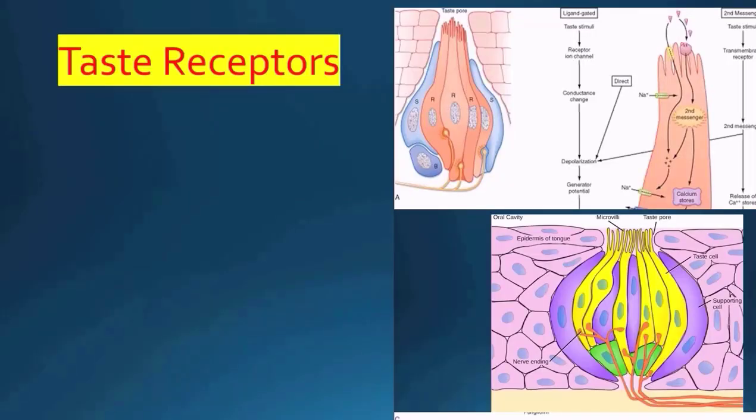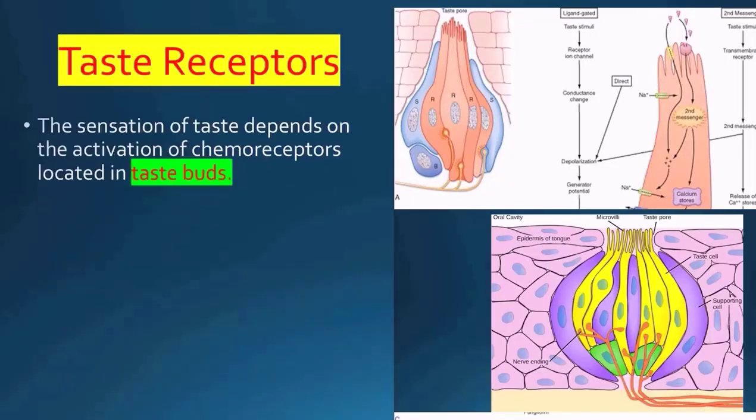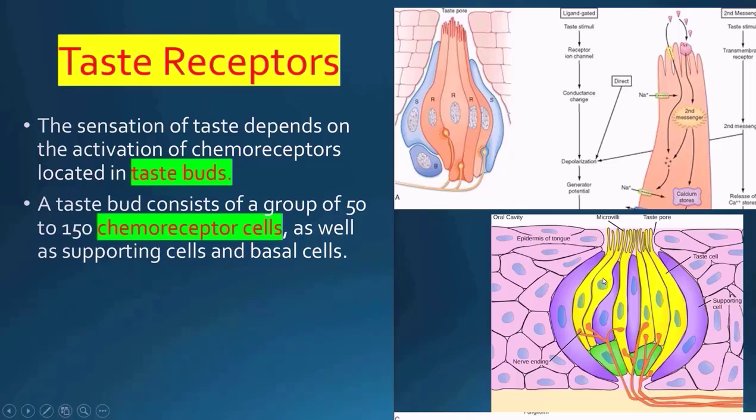Taste receptor. The sensation of taste depends on the activation of chemoreceptors located in the taste bud. This is the taste bud, and the taste receptors are located in this taste bud. A taste bud consists of a group of 50 to 150 chemoreceptor cells as well as supporting cells and basal cells.